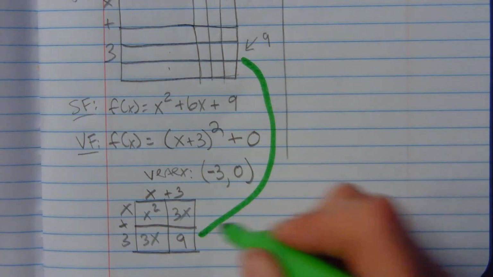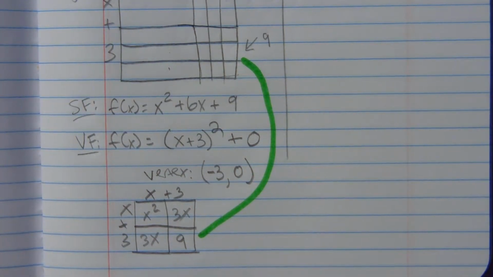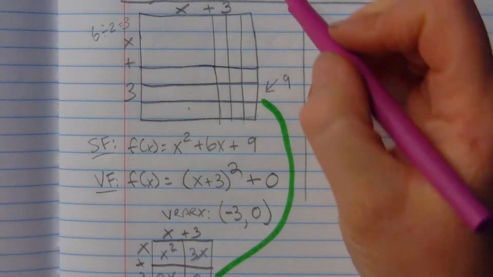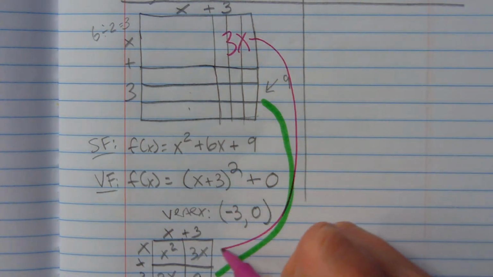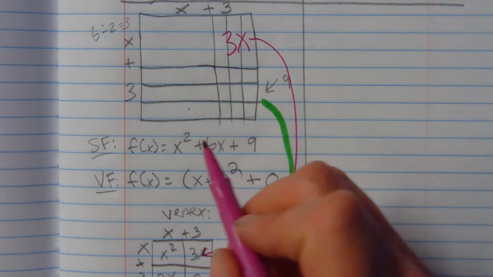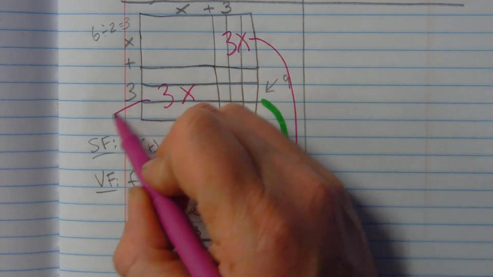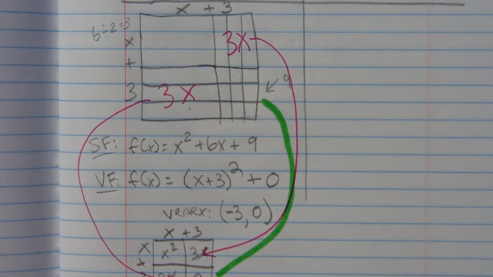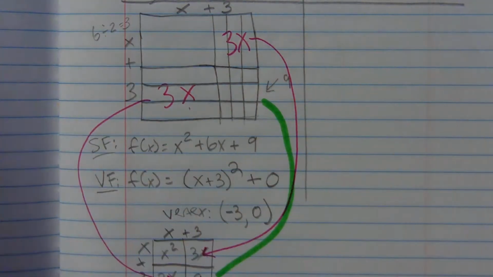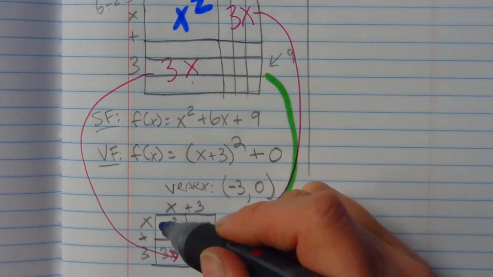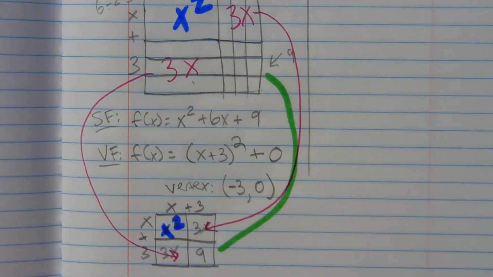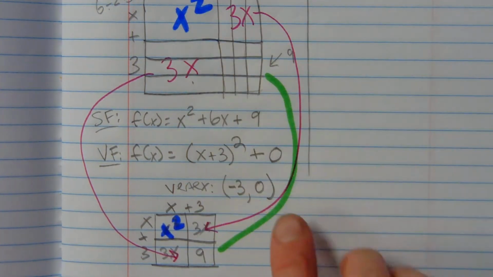This 9 and that 9 are connected, and this 3 x's right here are the same as those 3 x's. And same thing here, those 3 x's are the same as those 3 x's. And then this x squared is the same as that x squared.